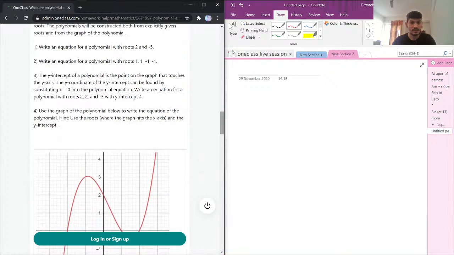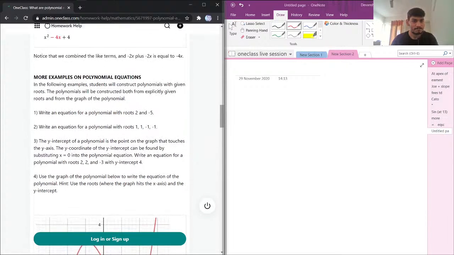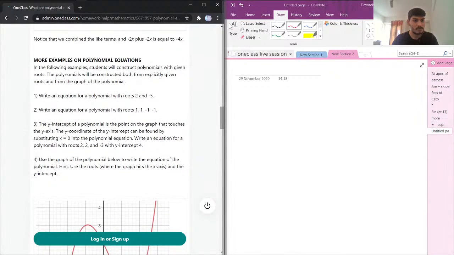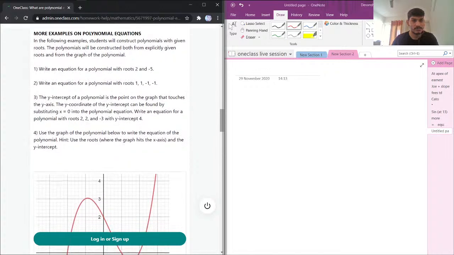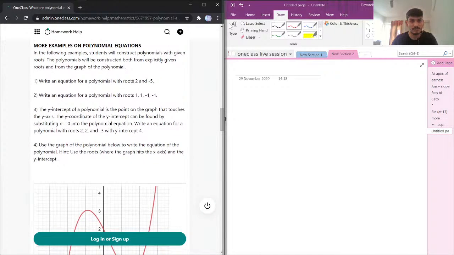Then what do we have? We have more examples of polynomial equation. In the following equations, students will construct polynomials with given roots. The polynomials will be constructed both from explicitly given roots and from the graph.